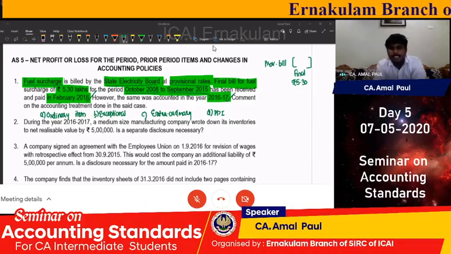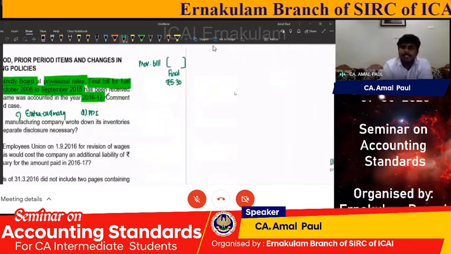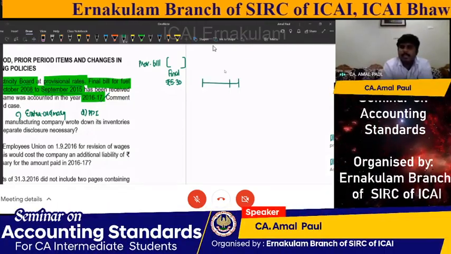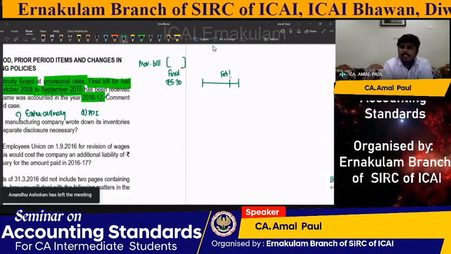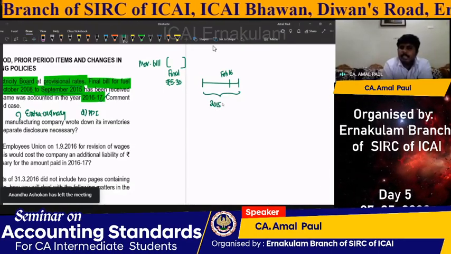Because if you check, your fuel surcharge was billed in February 2016, which is in the financial year 2015-16.